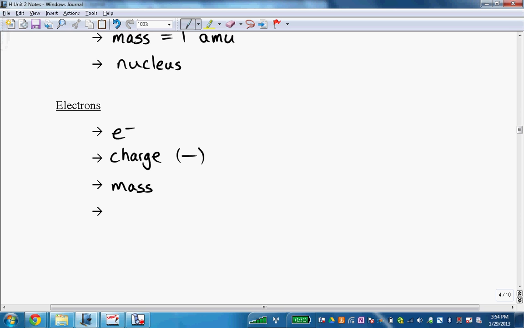And even compared to that, the electron is even smaller. So we don't even count the mass of the electron, even compared to a proton. We say that its mass is approximately 0, because we think of it more like a wave or like light, which doesn't have mass. And it's located in the concentric circles around the nucleus, called the electron cloud.